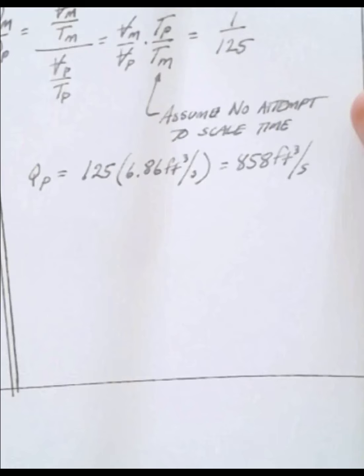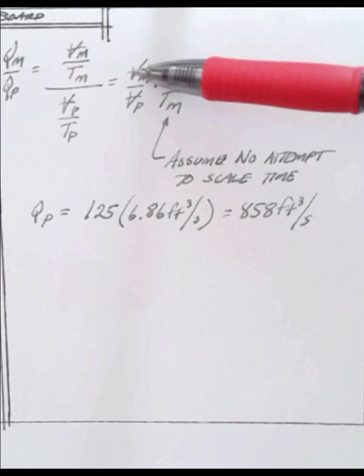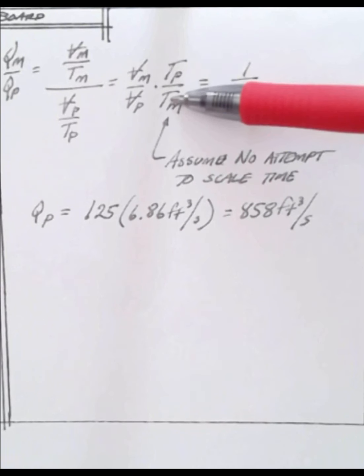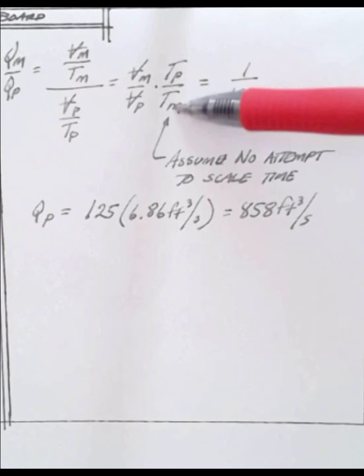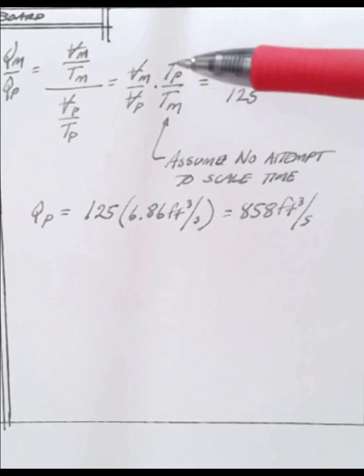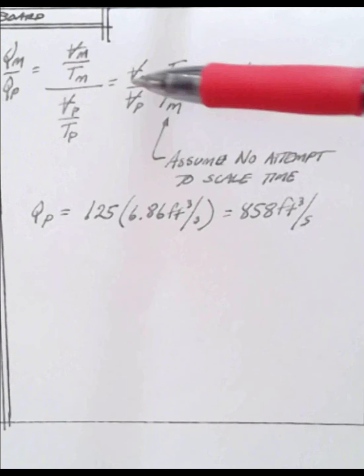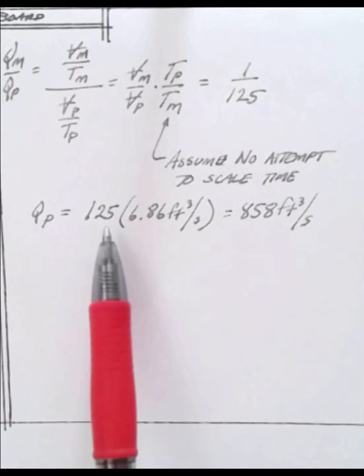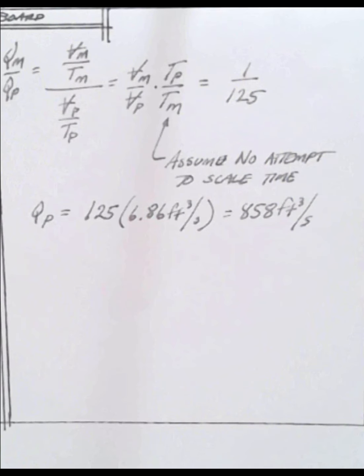So when we take the two flow ratios, we come up with volume ratio times prototype time over model time. Now, if there's been no attempt to scale time, so that in this example we'll pretend that 1 minute in the model represents 1 minute in the prototype, then the only ratio remaining is the volume ratio, and we would anticipate that the prototype would have the scale ratio of 125 multiplied by the model discharge, for 858 cubic feet per second.